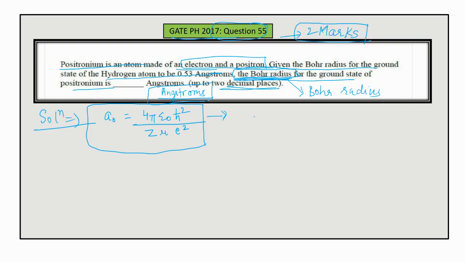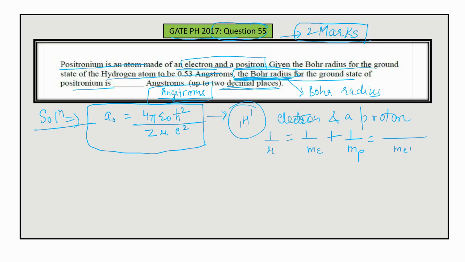Now, for the hydrogen atom, we have an electron and a proton. So the effective mass is 1 upon mu equals 1 upon me plus 1 upon mp. I'll take the LCM of it, so mu will be me mp upon mp plus me.